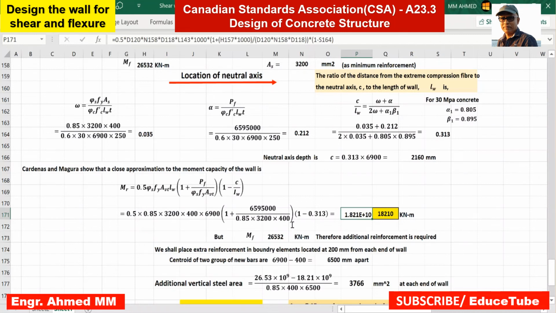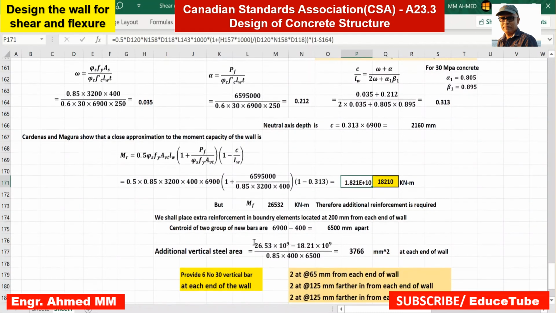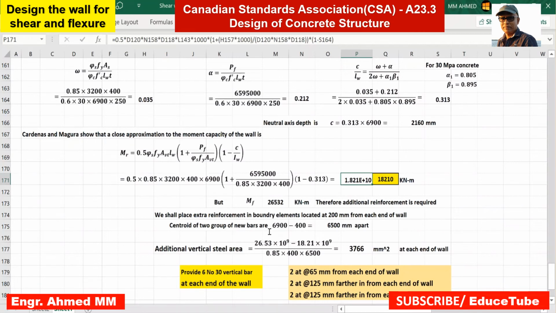And one thing you have to keep in your mind, to calculate this, already we used the minimum reinforcement, already it is added here, 3200. Till then it is not satisfying. So the balance what we have now, we have to use this to find the additional reinforcement. So we shall place extra reinforcement in the boundary elements located at 200 mm from each end of the wall.